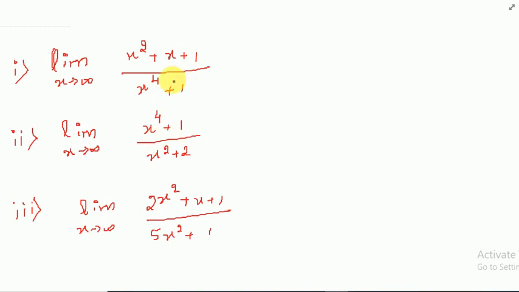So I will give you some examples here. First one, limit of x tends to infinity (x square plus x plus 1) divided by (x raised to 4 plus 1). Here degree of numerator is 2, degree of denominator is 4, because the highest degree in the numerator is the x square term, and the highest degree in the denominator is the x raised to 4 term.